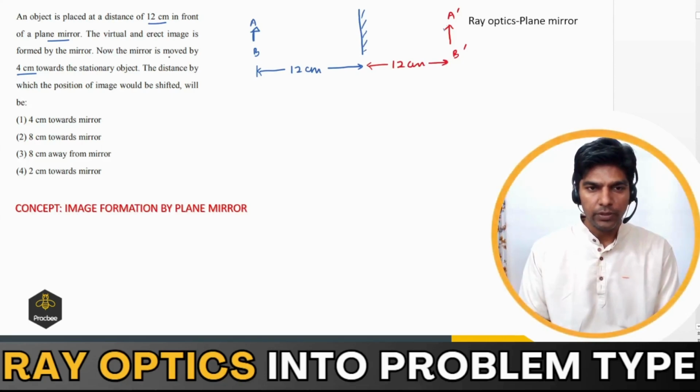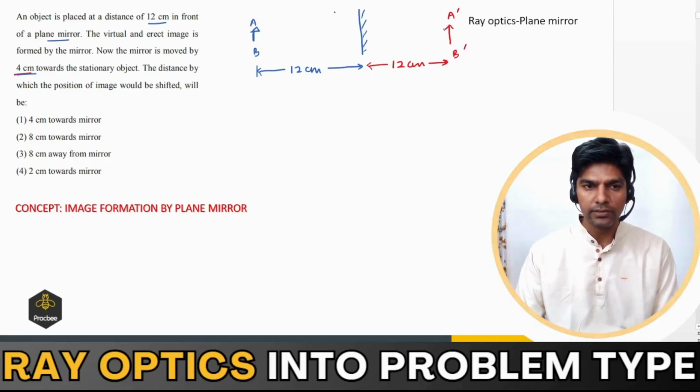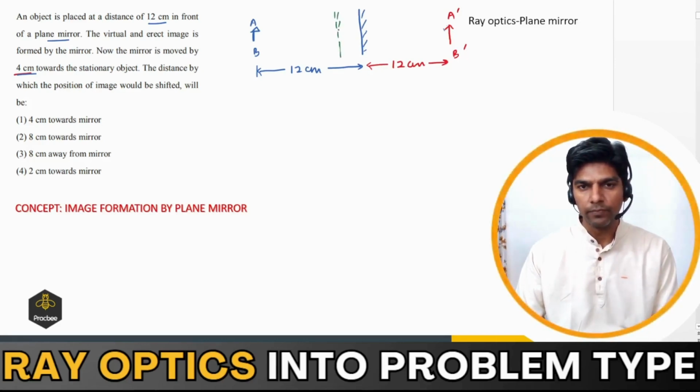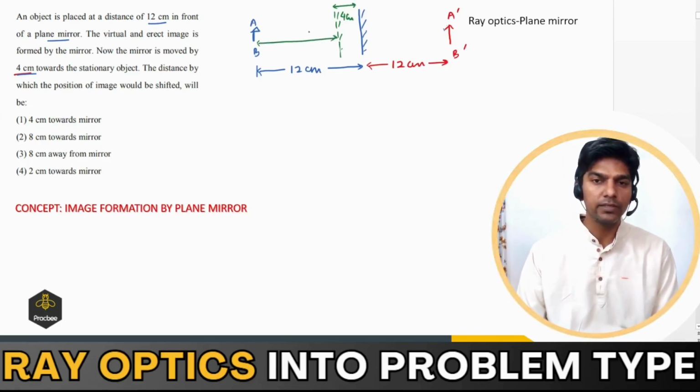Now the mirror is moved by 4 centimeter towards the stationary object. Now we are moving this mirror. It has moved by a distance of 4 centimeter towards the object. So this distance is 4 centimeter. Now the distance of the object from the mirror will be 12 minus 4, that is 8 centimeter.